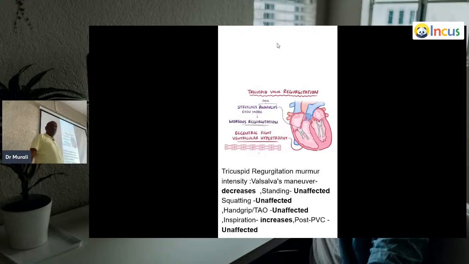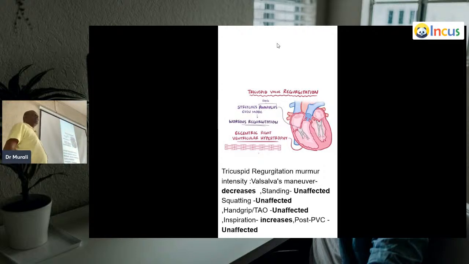Then comes tricuspid regurgitation. Let's talk about tricuspid regurgitation. What is the effect of Valsalva? It decreases venous return, so that's the preload.